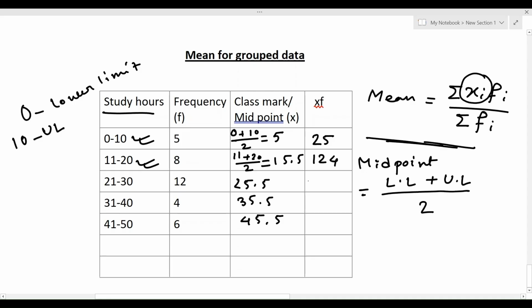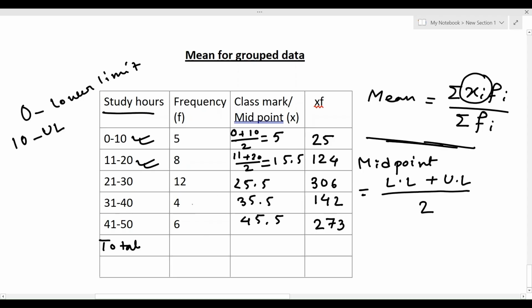For the third one, it will be 25.5 into 12, that is 306. For the fourth one, it will be 142, and for the last one, it will be 273.